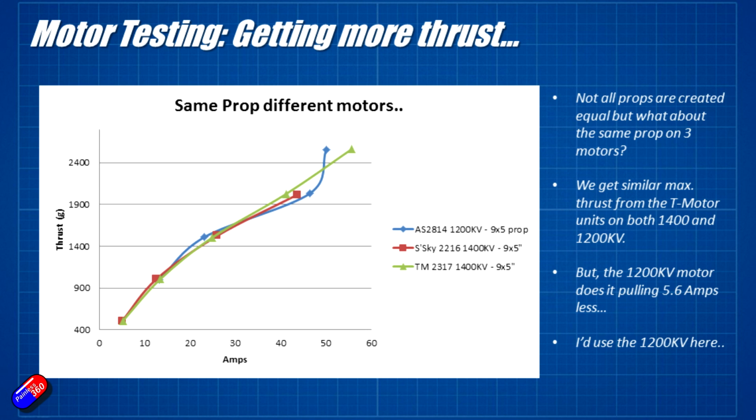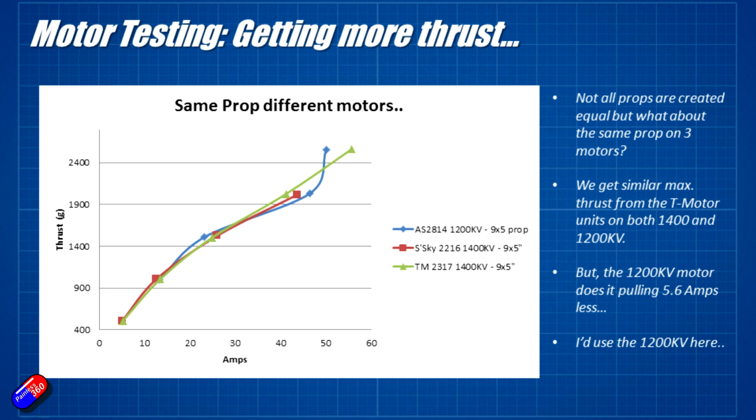If we compare that with two other motors of higher kV on the same 9 by 5 inch prop, you can see that we don't get a significant increase in the amount of thrust, but we do get a little bit more amp draw.